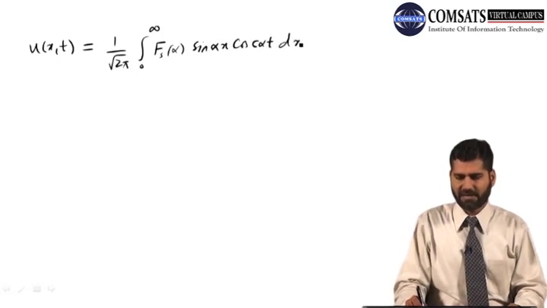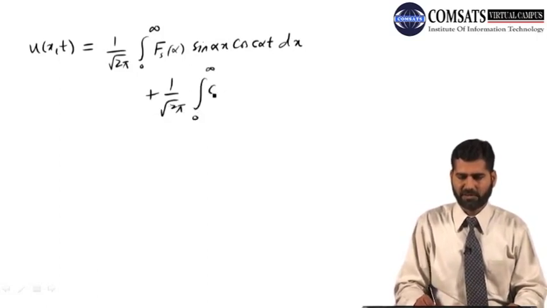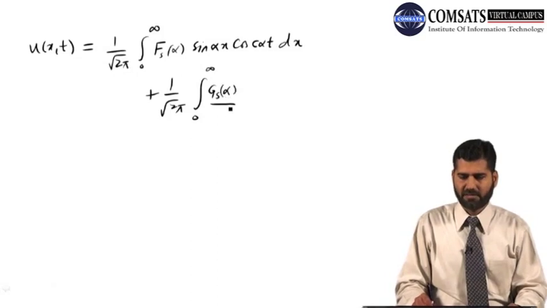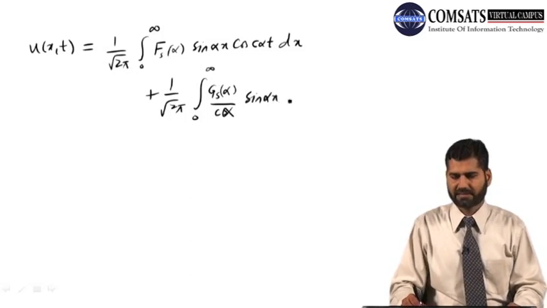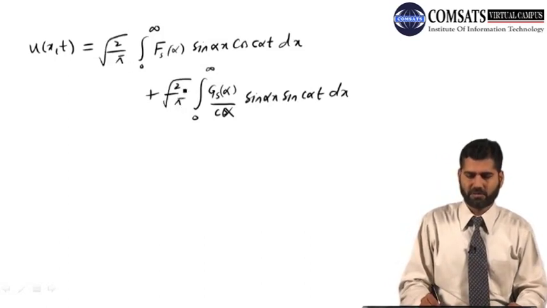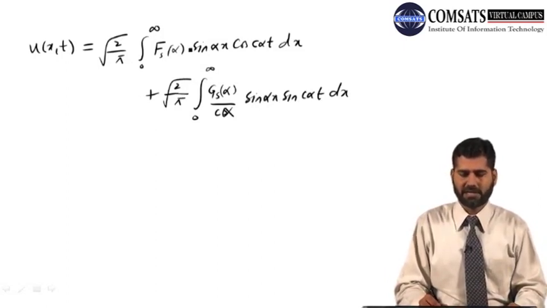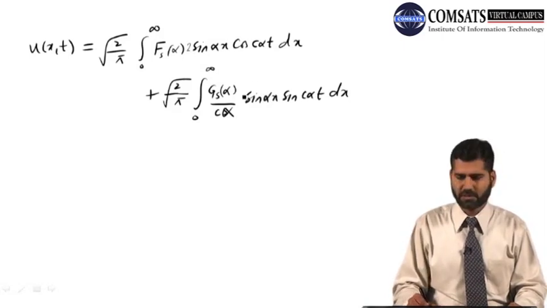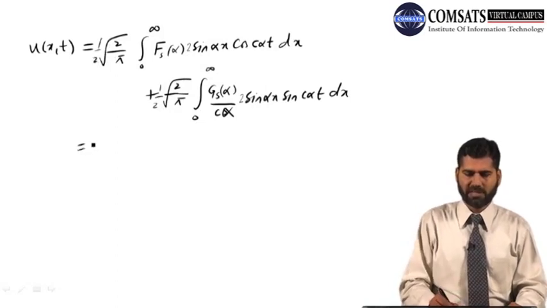I am writing them separately and then I will convert to sums, otherwise it will be confusing. The second is G_s(alpha) over c alpha, sine alpha x and sine c alpha t. This has the square root of 2 over pi factor. Now I need a 2 with each, so I need to divide by 2 each time. So this 1 over 2 times square root of 2 will become 1 over square root of 2.